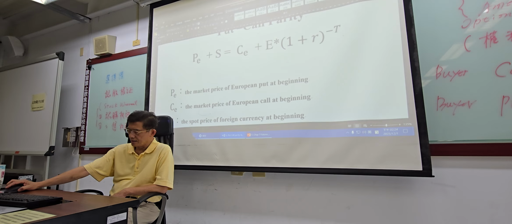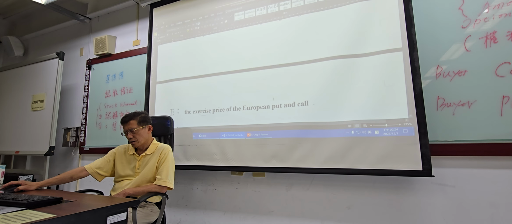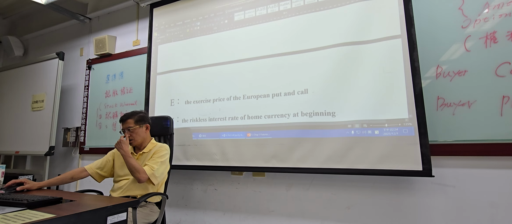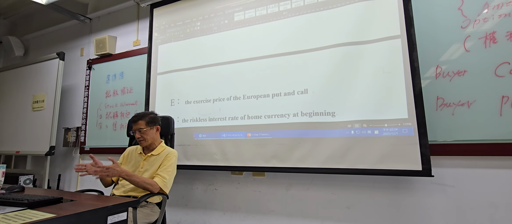And the S here is denoted as the spot price of foreign currency at the beginning. And the capital E denotes the exercise price of the European put and call. So the European put and the European call here have an identical exercise price.